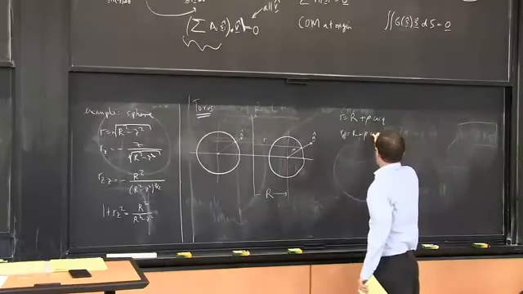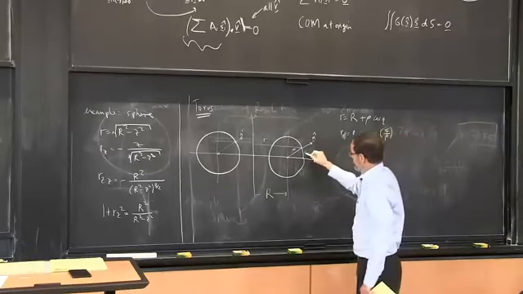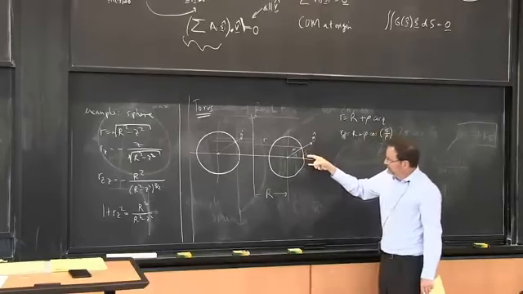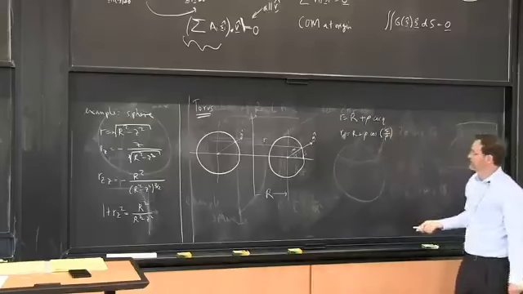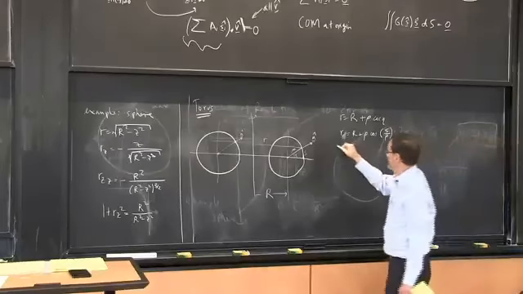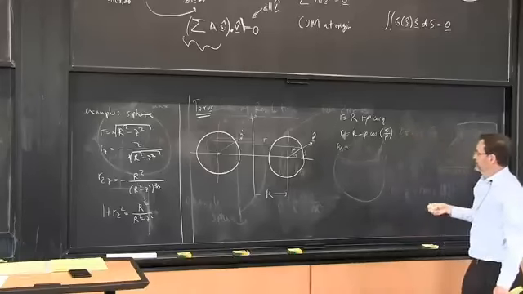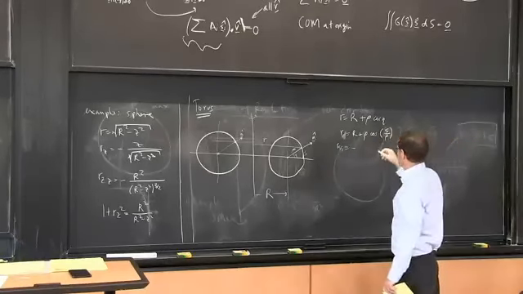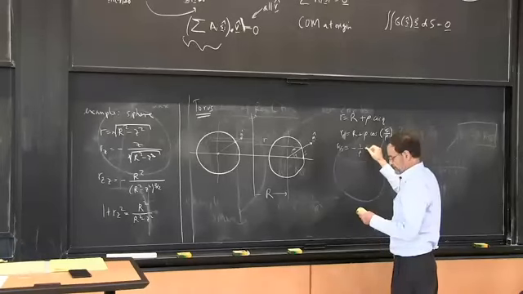So let's do it in terms of s. Because this is s, and so this angle is s divided by rho, cosine s divided by rho. Okay, and then I take the second derivative, and of course the big R drops out, and I'm going to get a negative sign because of the cosine turning into a minus cosine, and I end up, and I have to divide by r squared.